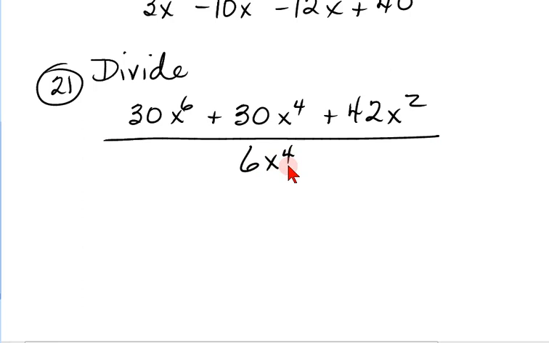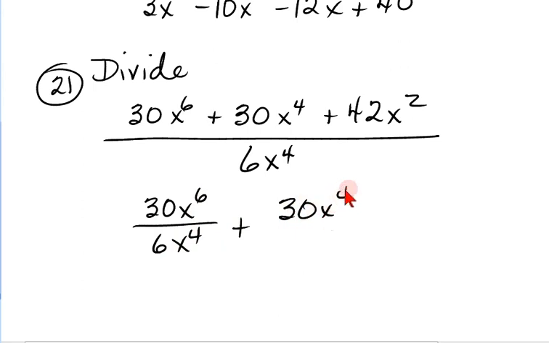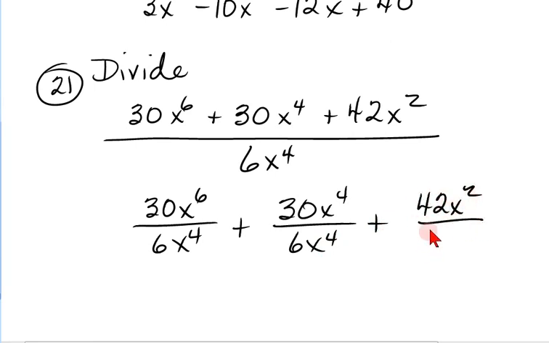This is supposed to be the easy kind. Separate it. This is 30x to the 6th over 6x to the 4th, a little quotient, plus 30x to the 4th over 6x to the 4th, plus the final quotient, 42x to the 2nd over 6x to the 4th.